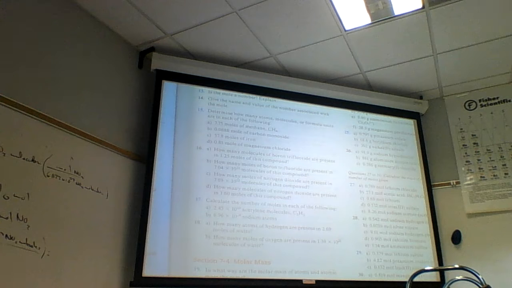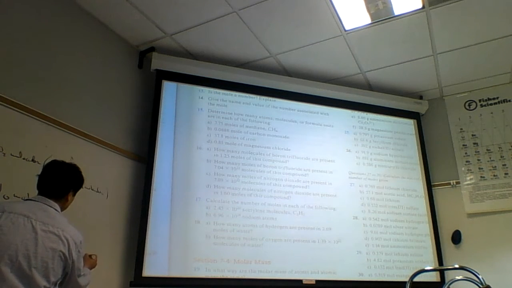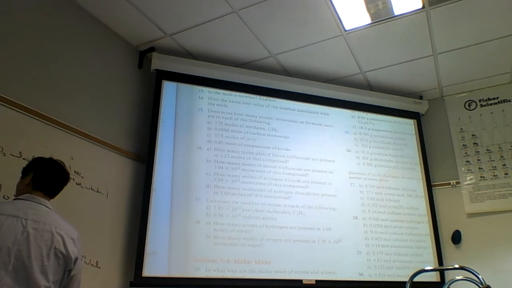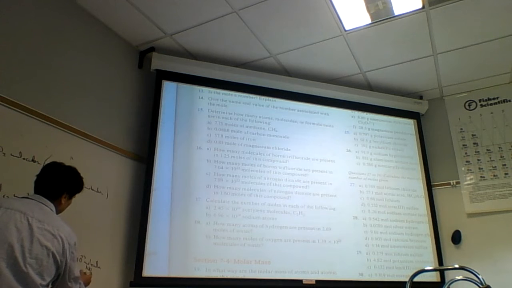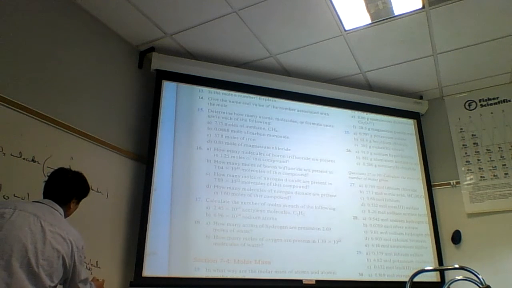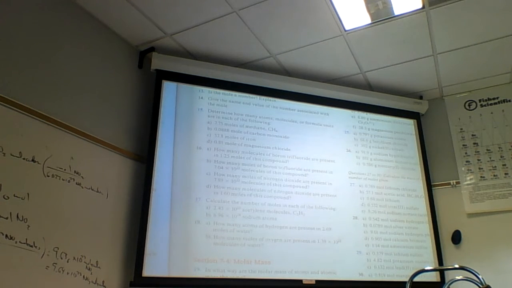So 1.6 times 6.022 times 10 to the 23rd gives us 9.635 times 10 to the 23rd molecules of NO2. Rounding this, it's going to be 9.64 times 10 to the 23rd NO2 molecules. All right, 18.